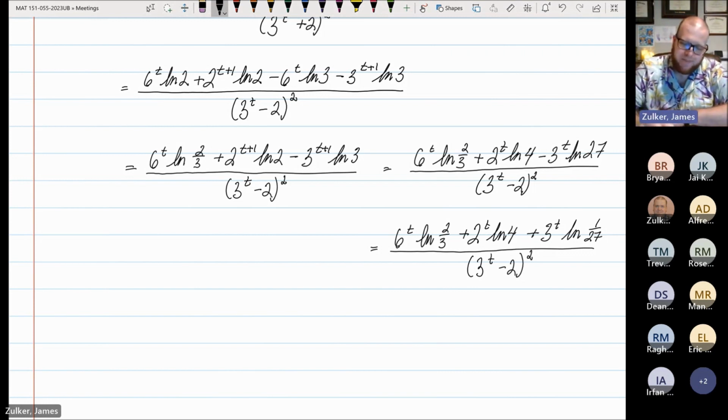So maybe you have this, but you compare it to the book, and the book has this. Same answer, just different forms.